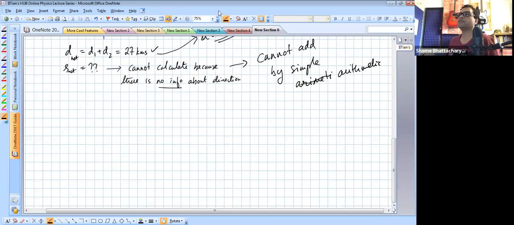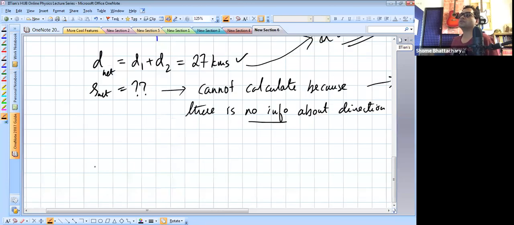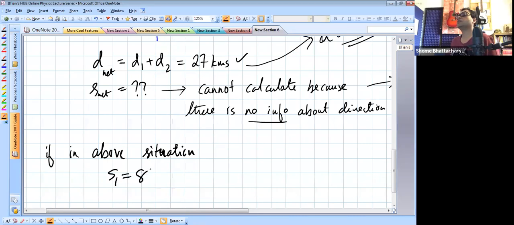So now if I modify this question, and I make it like this. Let us say, suppose in the above question, so the same situation as above, I know that S1 is equal to 8 kilometers towards east.